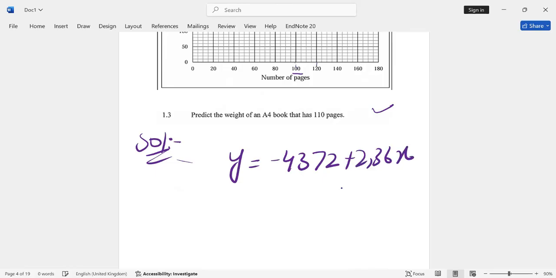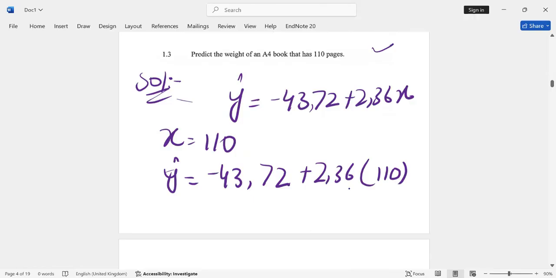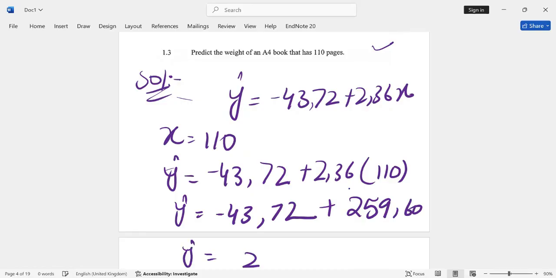Then we substitute the value of x, which is 110, so we get minus 43.72 plus 236 times 110. After simplifying this, we got minus 43.72 plus 259.60, and we get y equals 215.88 grams.